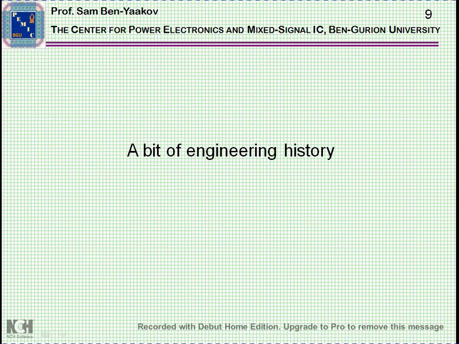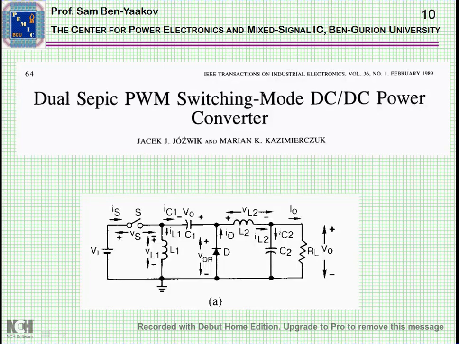Now, a few words about the evolution of this topology. The first time that this topology has been described in literature in a publication, and this was in 1981 in the IEEE Transactions on Industrial Electronics. It's a paper by Jozwik and Kazimierczuk, Dual SEPIC PWM switching-mode DC to DC power converter.